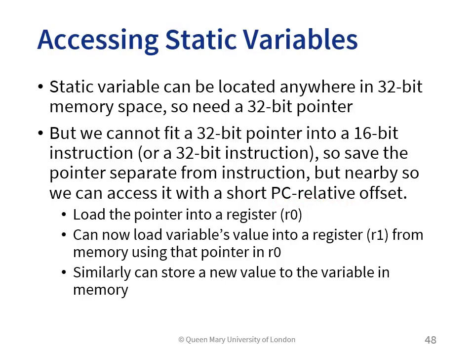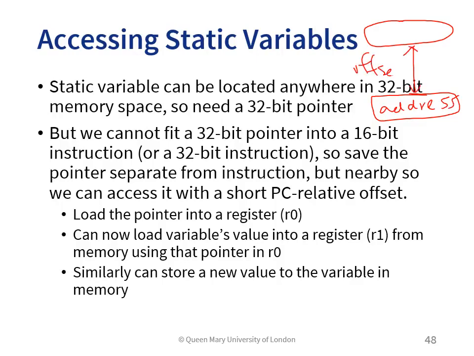So the idea right now is I have the instructions to get the variable, and not too far from that we prepare the address, and this is the offset we're going to load to the PC to access the address into the registers.